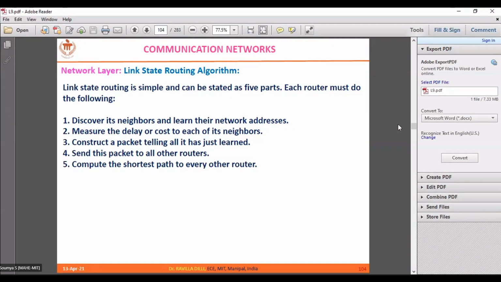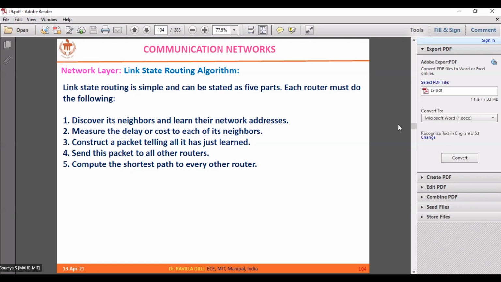Then it has to construct a packet telling all that it has learned: who its neighbors are, their network addresses, and the delay or the cost to each of them. This packet that it constructs, it has to send to all the routers or to all its neighbors.